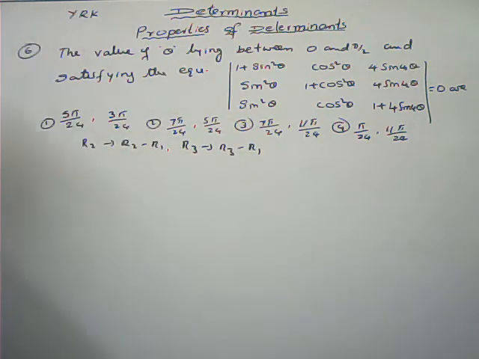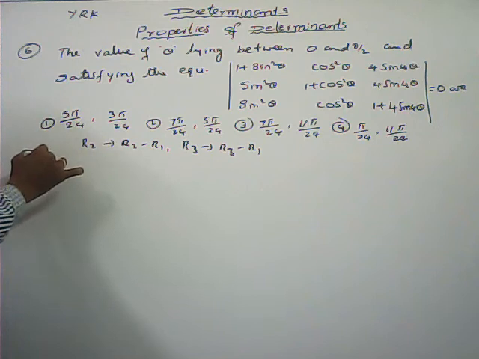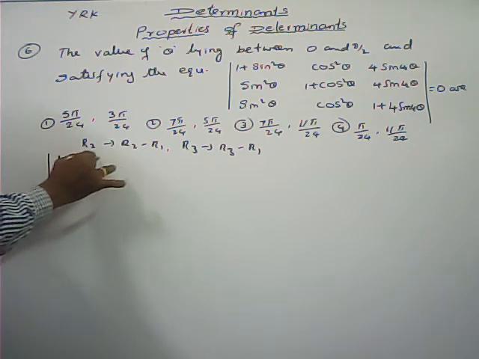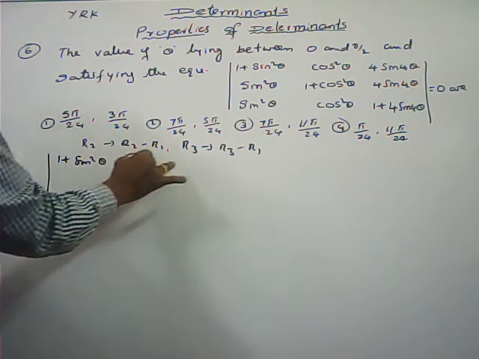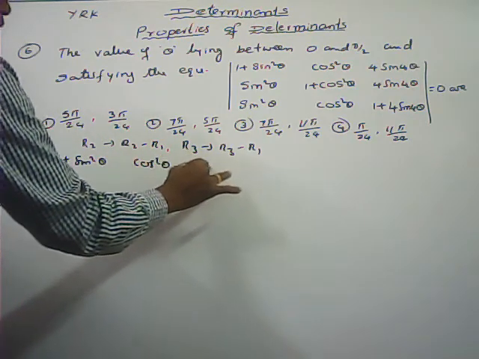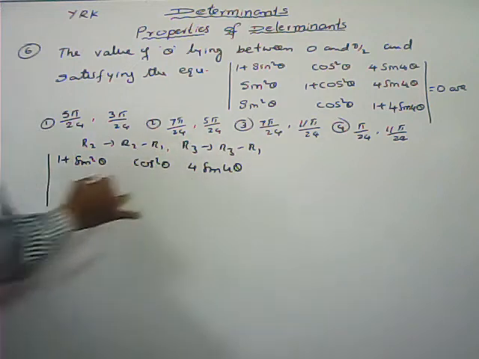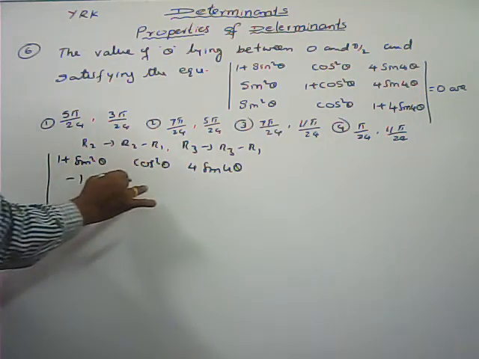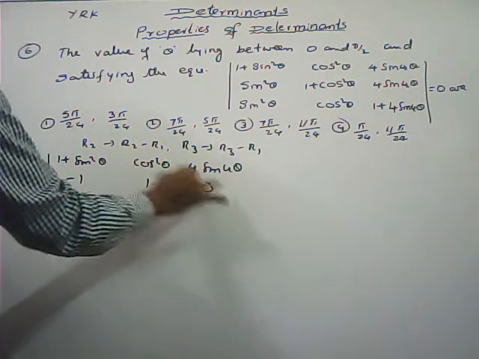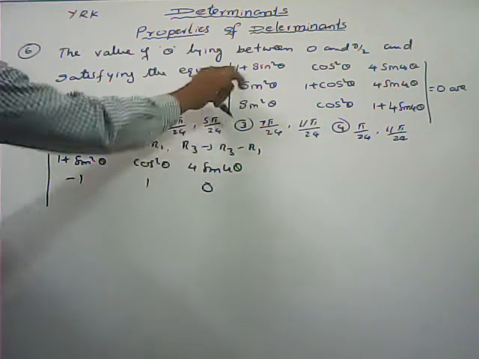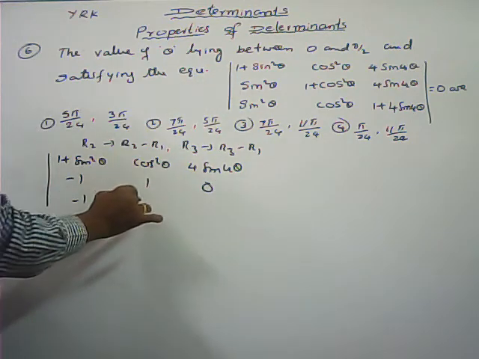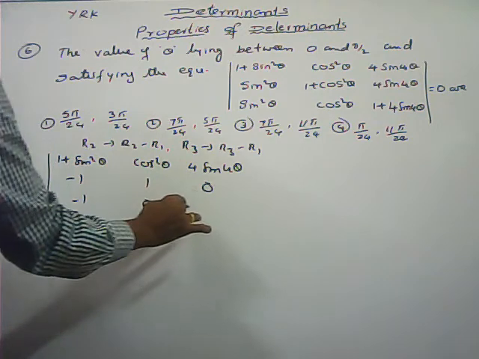Here I fixed R1 and subtracted the remaining 2 rows from R1. Then what are we getting? 1 plus sin square theta, cos square theta, 4 sin 4 theta. Here minus 1, here 1, here 0. Next R3 minus R1: minus 1, 0, 1.